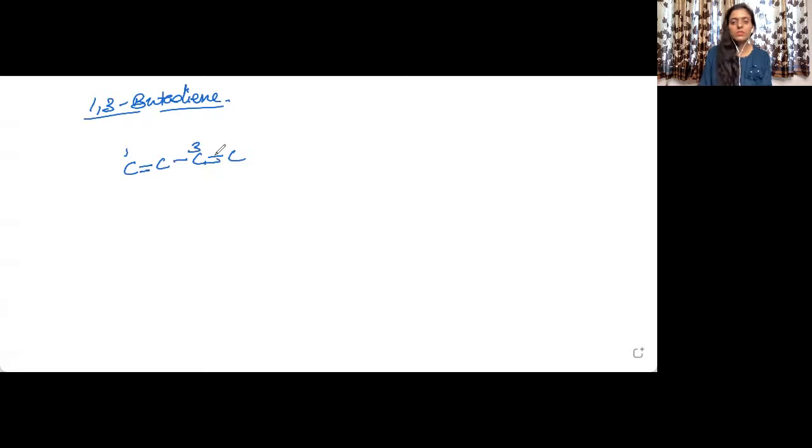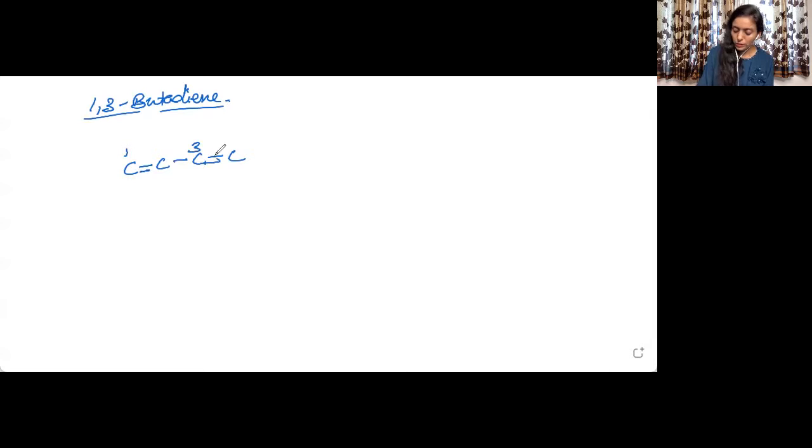So we are taking the simplest example of a conjugated diene, which is 1,3-butadiene. Buta is used for 4 carbons, so 1, 2, 3, 4. At the first position and at the third position, we have a double bond. So they are alternate double bonds.